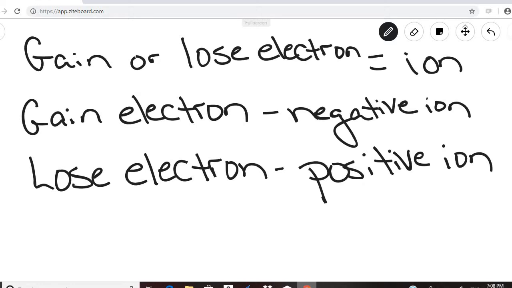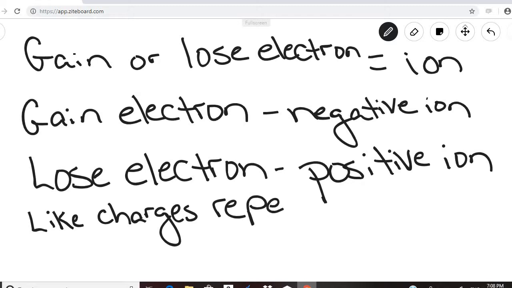You should remember that like charges repel and opposite charges attract.